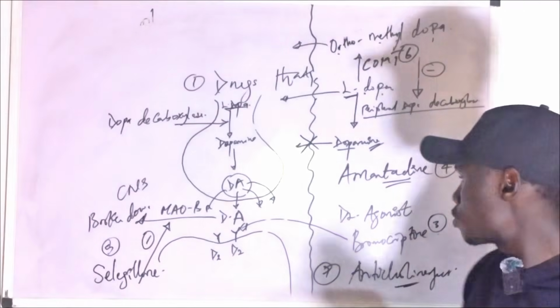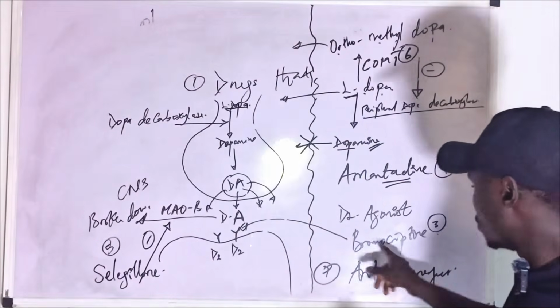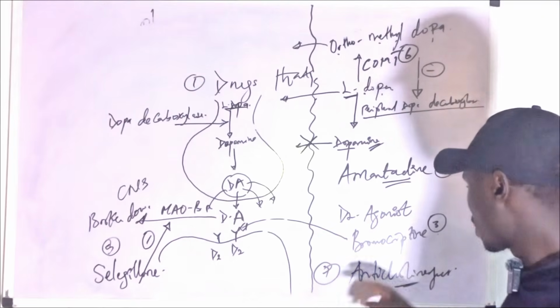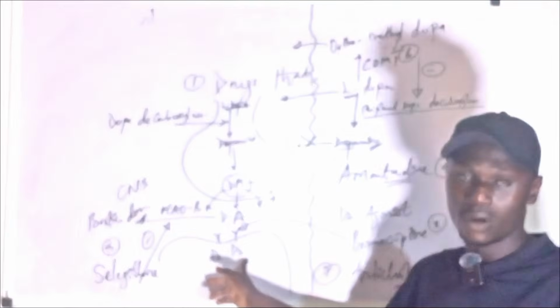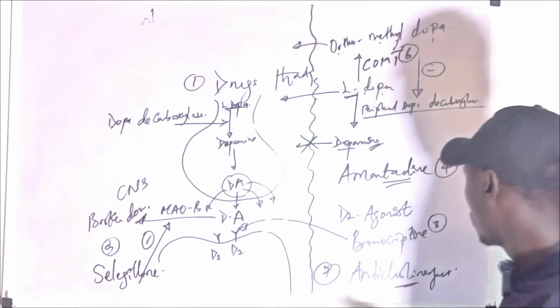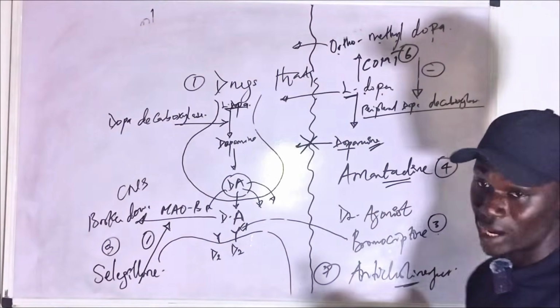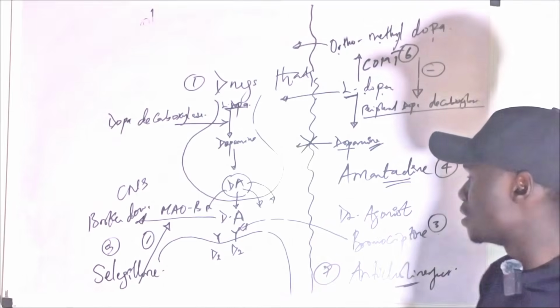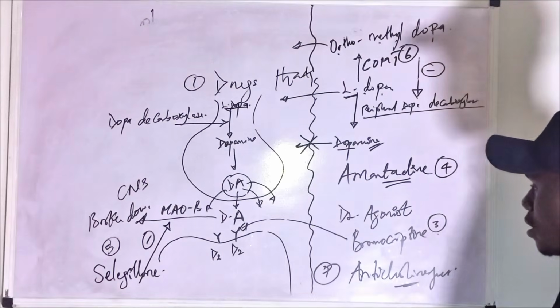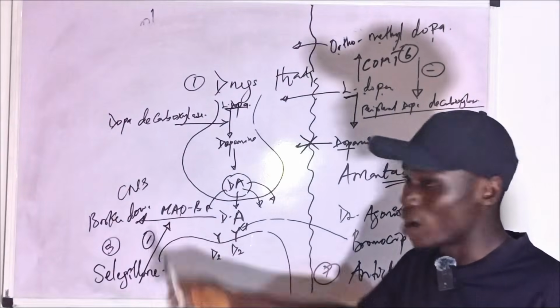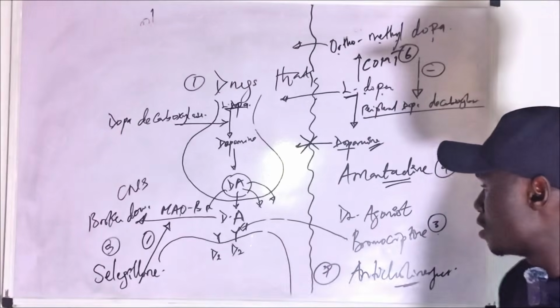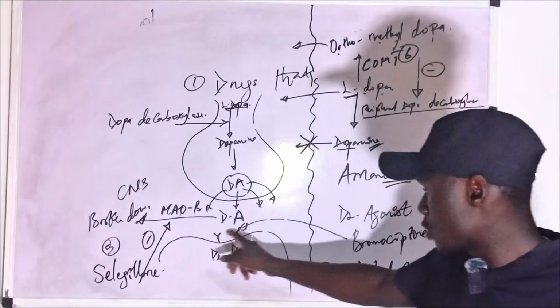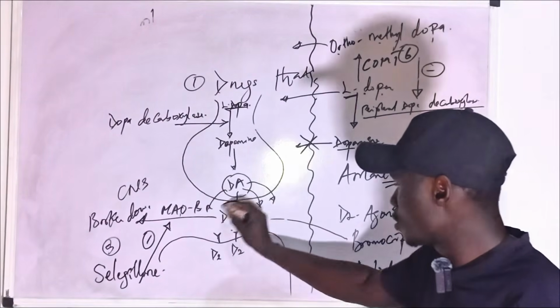Then we also mentioned that we can give bromocriptine, which is a direct D2 agonist. Also, we can give amantadine, which is a facilitator of what? Dopamine. Then also, we can give an inhibitor of MAO-B, which is what? Selegiline. Because if you inhibit MAO-B, the concentration of dopamine will what?